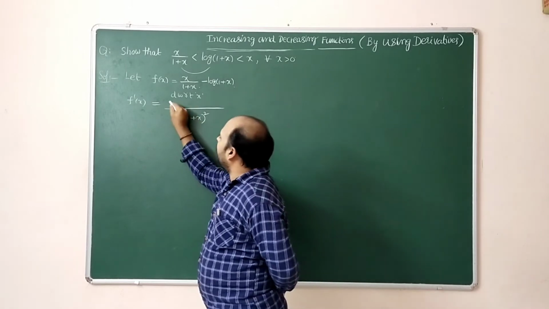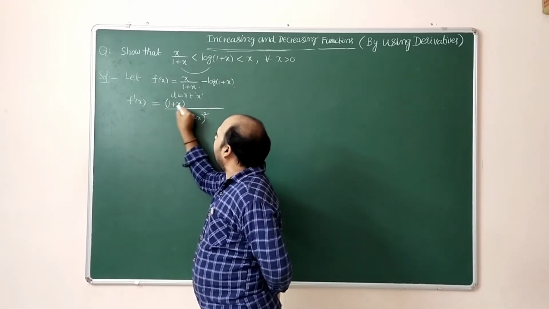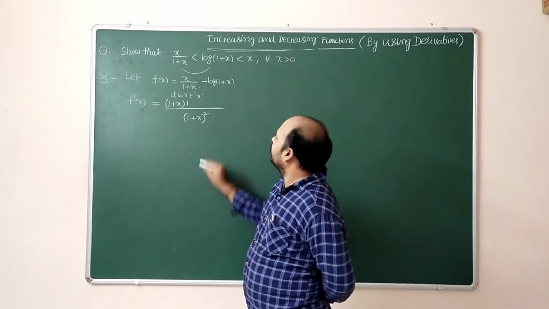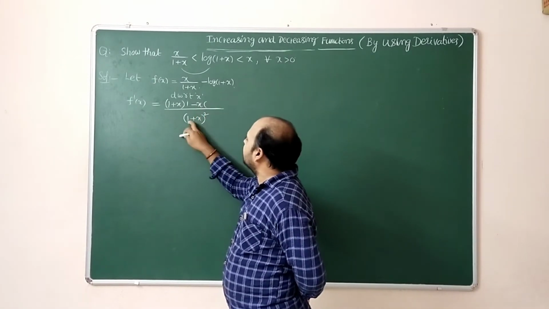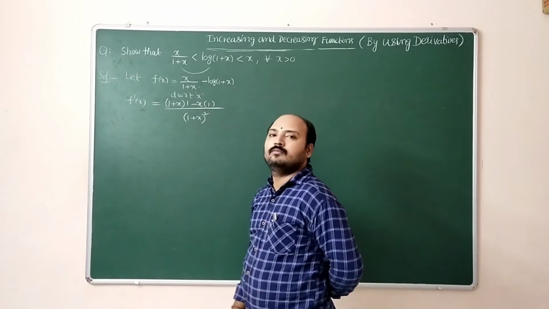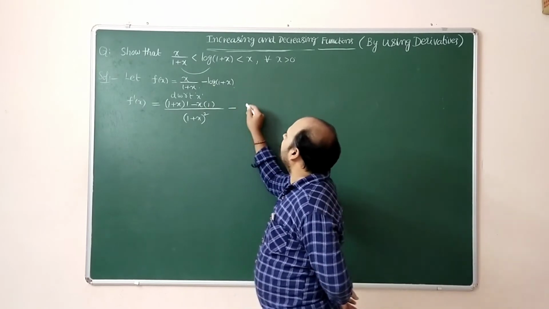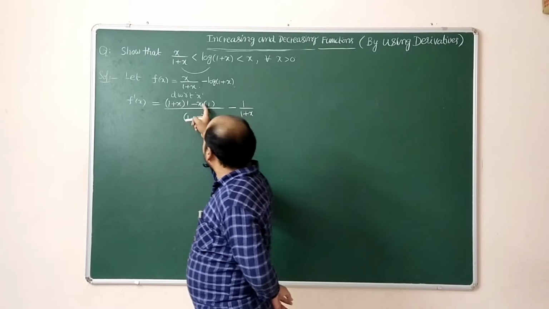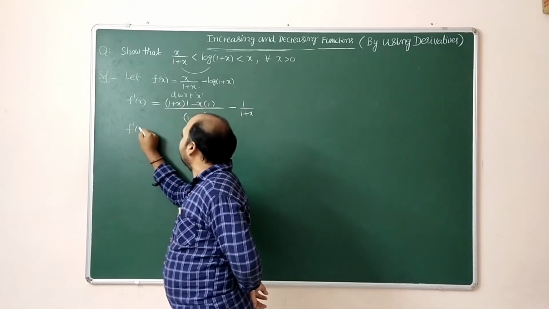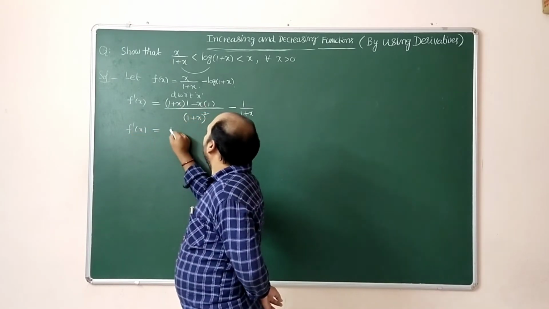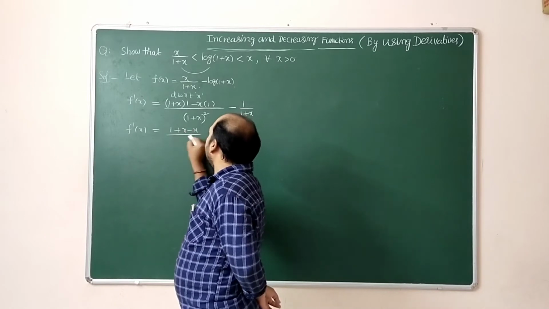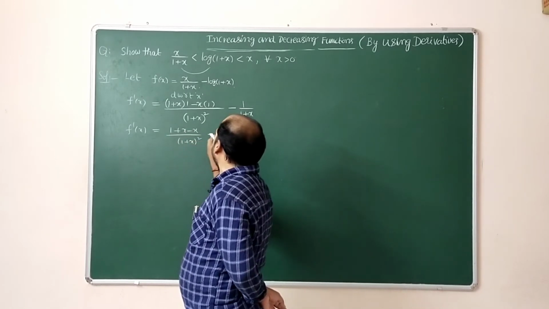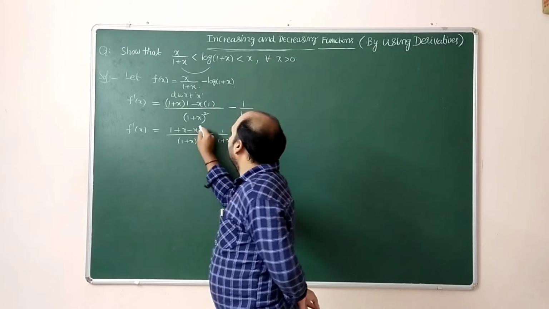v means 1 plus x into d by dx of x is 1, minus x into d by dx of 1 plus x is 1, minus d by dx of log of 1 plus x is 1 by 1 plus x. So here minus x plus x cancel, f dash of x is equal to 1 plus x minus x divided by 1 plus x whole square minus 1 by 1 plus x.